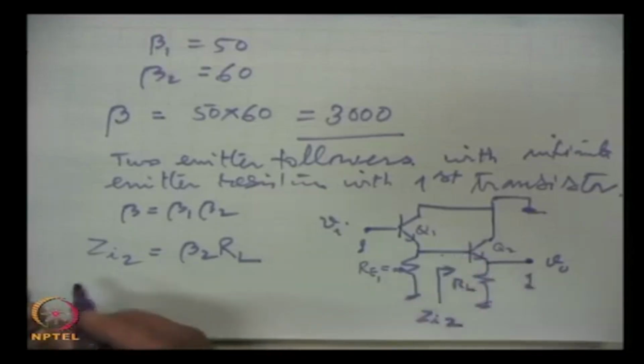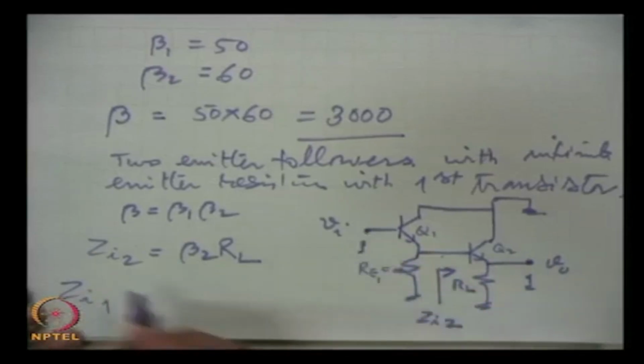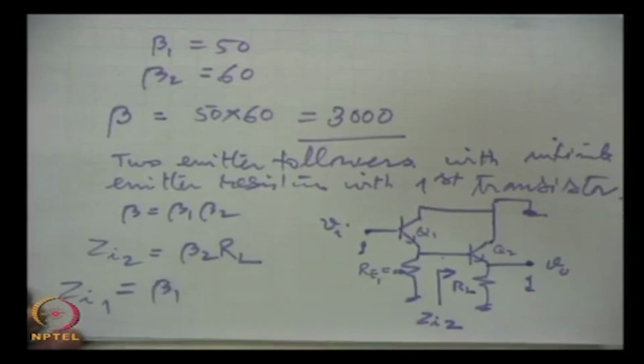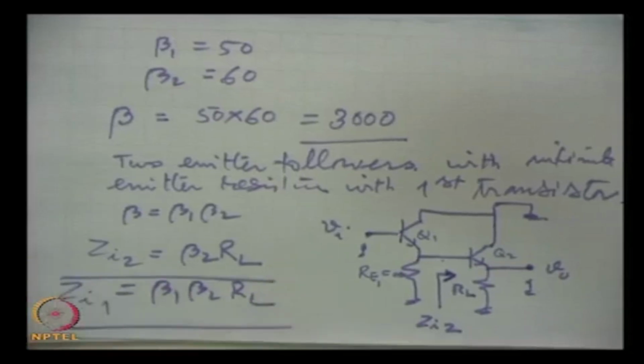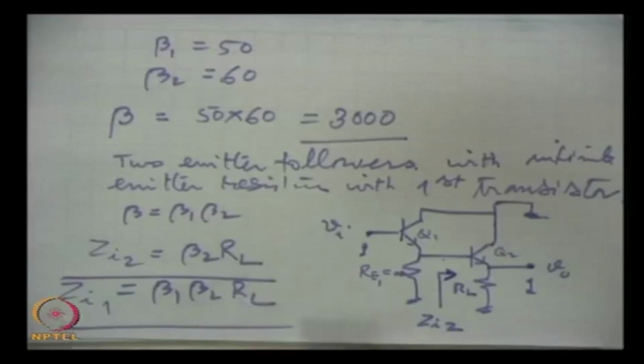So the input impedance at the first stage is beta 1 times the input impedance seen here, which is beta 2 RL. Very high input impedance: beta 1 into beta 2 into RL.